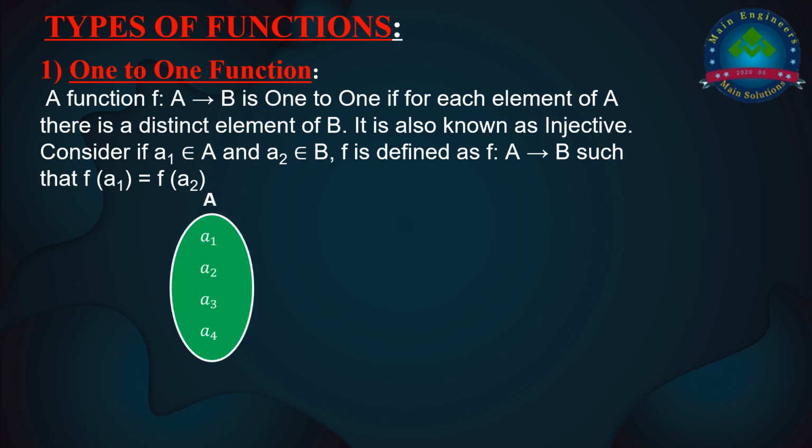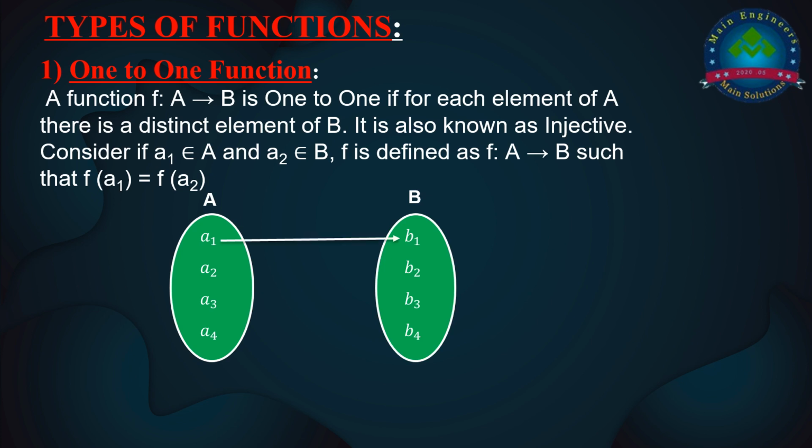Let's consider set A with the elements A1, A2, A3, A4, set B with the elements B1, B2, B3, B4, and A1 is mapping with B1, A2 is mapping with B3, A3 is mapping with B2, and A4 is mapping with B4. So as we see, each element of set A has a distinct element in set B. That means set A and set B is a one-to-one function.